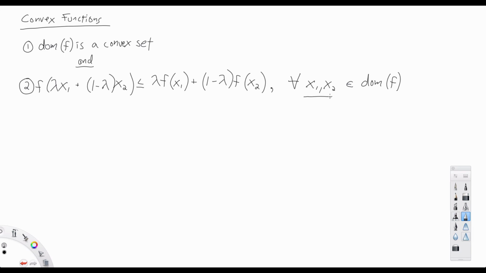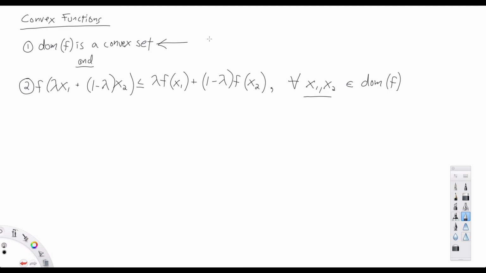As we have needed to verify in part 1, that domain must be a convex set. This is a little bit different from just looking at whether a line connecting these 2 points stays within a set. It involves this particular inequality constraint.